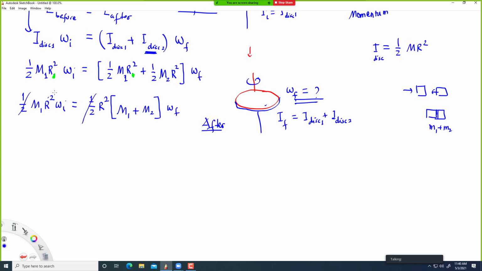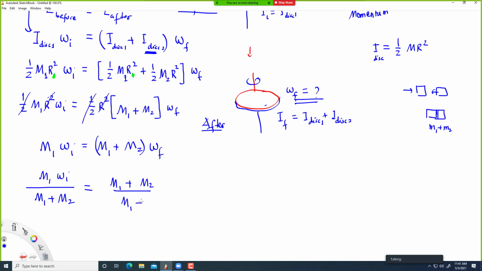R squared on one side, R squared on the other side, so we can cancel common terms. So M1 omega I. M1 is 5.5 kilogram.